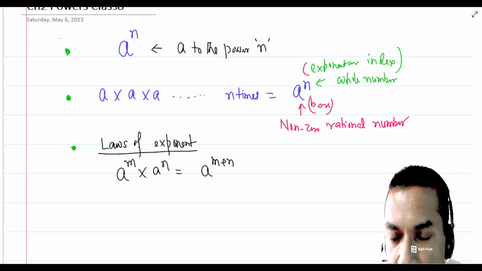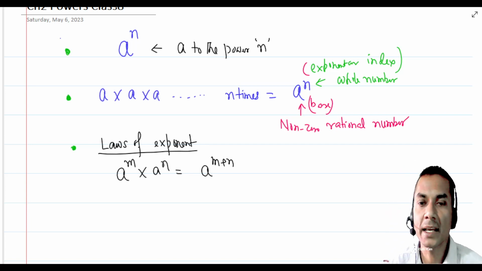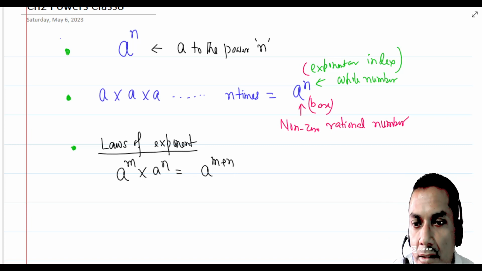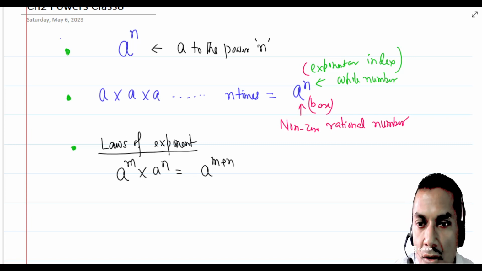Whatever powers are there, if the base is the same, then only you can do this calculation, otherwise not. So what is the base? A is the base. Clear? It is the first law.